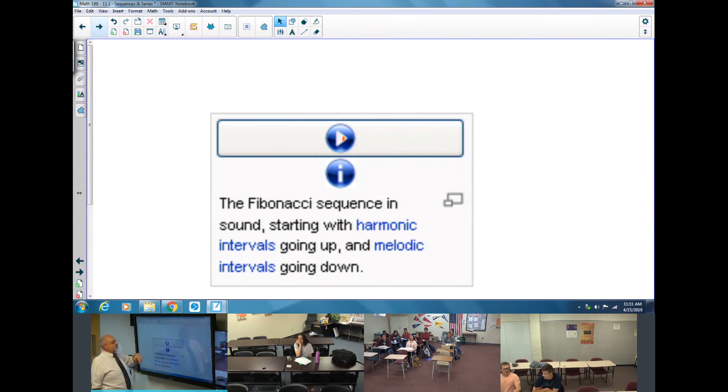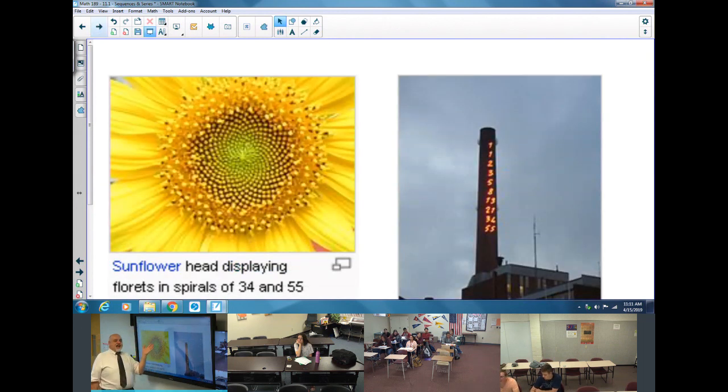There's a Fibonacci sequence in music, and I used to be able to play it, and that somehow the link got broken. The Fibonacci sequence can be found in nature, the spirals of a sunflower, or the spirals of the stars in the galaxy. Now that just blows me away. Even among astronomers, they call it God's fingerprint, because you find this sequence of numbers in places all over the universe.